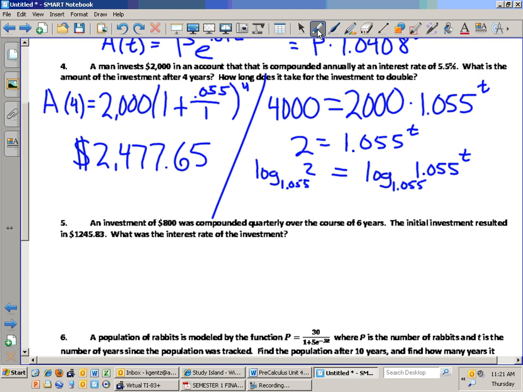We take the log base 1.055 of each side. What happens to the right side? Cancels out. It just becomes t. So t is equal to, how do I figure out log base 1.055 of 2? Very good. What do we get?